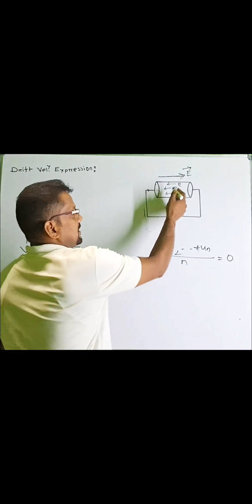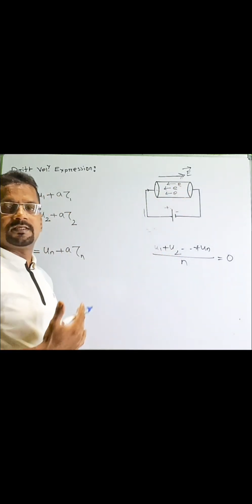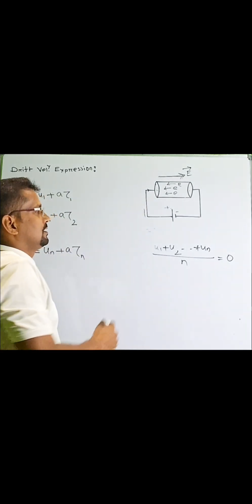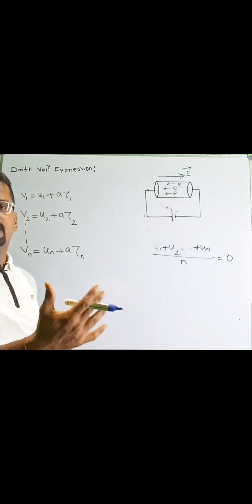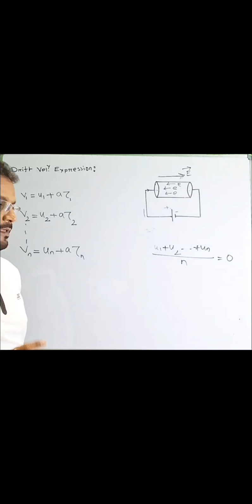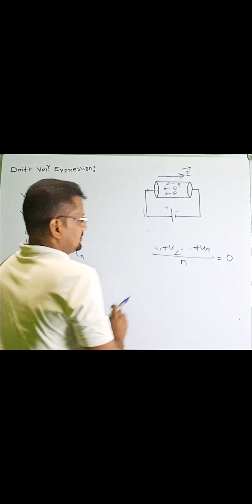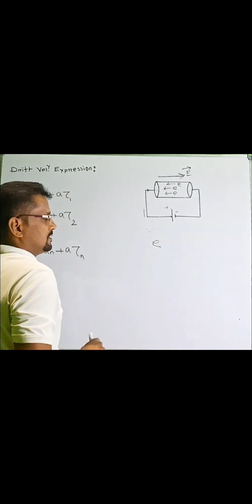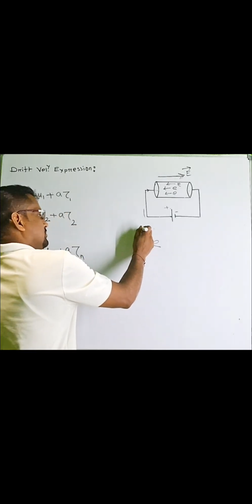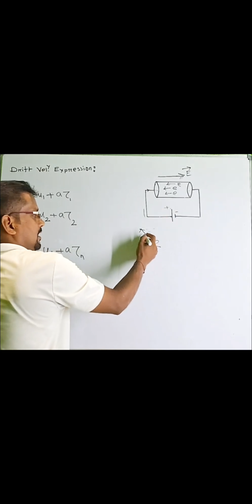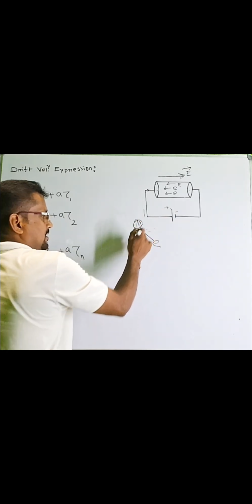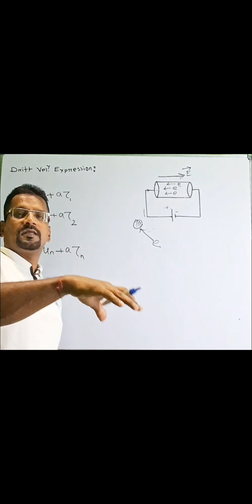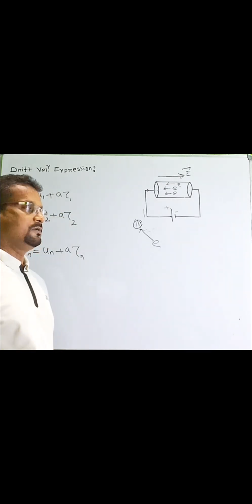In that case, the electrons experience a force towards the positive terminal. Each and every free electron experiences a force. Consider the first electron. It will start to accelerate and collide with the kernels. Kernel means the ions from where the free electrons come out.